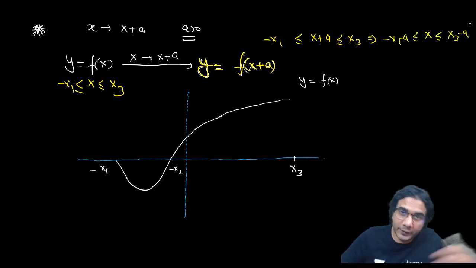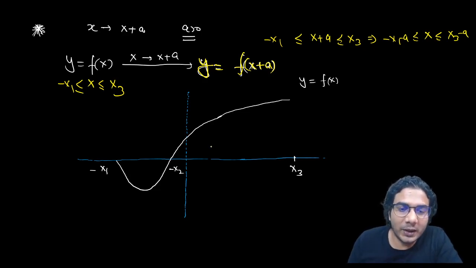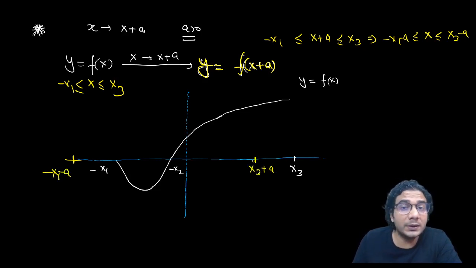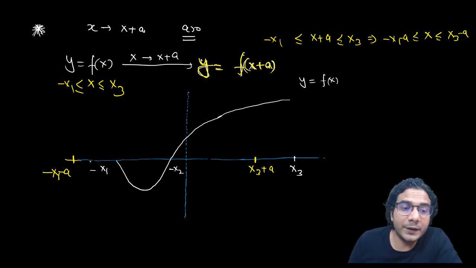That means the domain is shifted towards left by a units. So this graph will shift by a units towards left. This point is going to be minus x1 minus a, and this point is going to be x3 minus a. So that's what happens when you replace x by x plus a. The whole graph shifts towards left by a units.